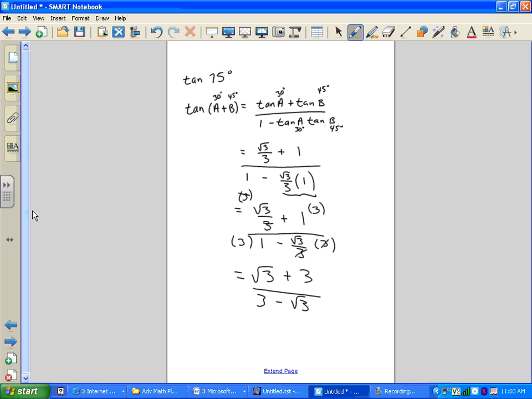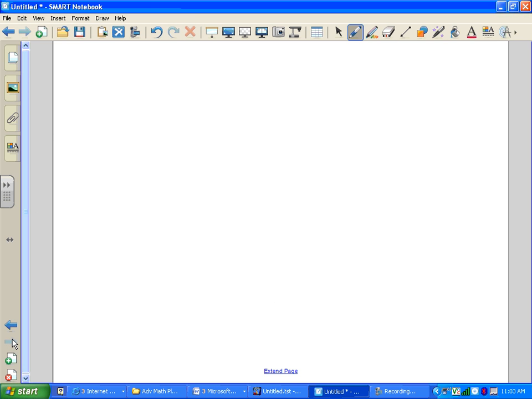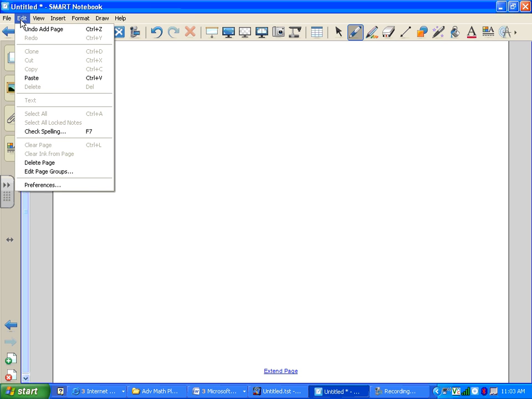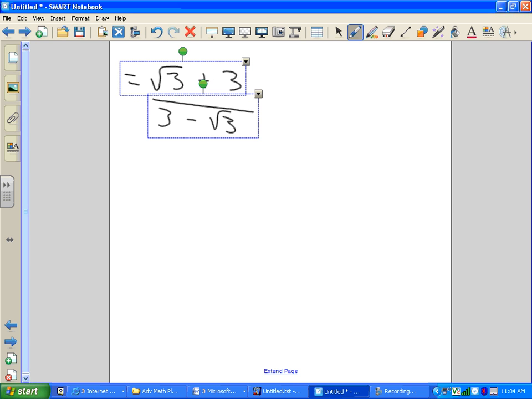All right, and so I told you tangent would be kind of nasty there. So we've got to take it and rationalize it. So how do we rationalize something like that? We're going to multiply it, now not by square root of 3 over square root of 3, but you have to do it by the conjugate, which would be 3 plus the square root of 3.